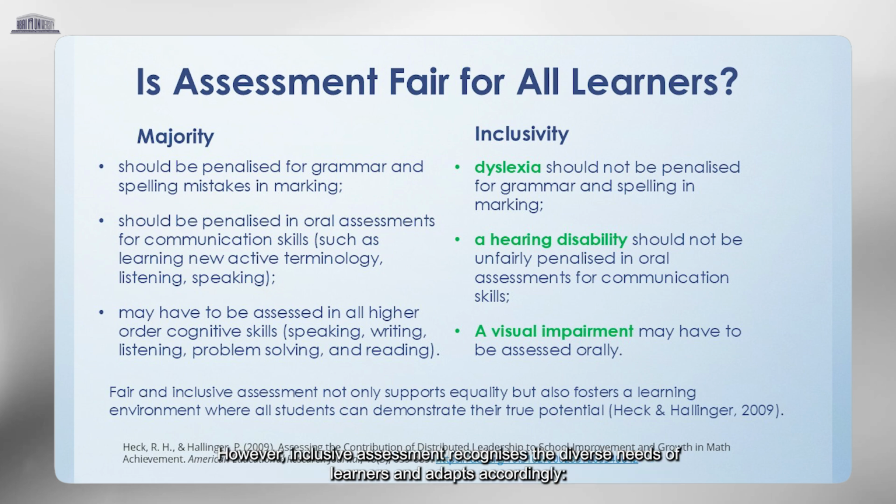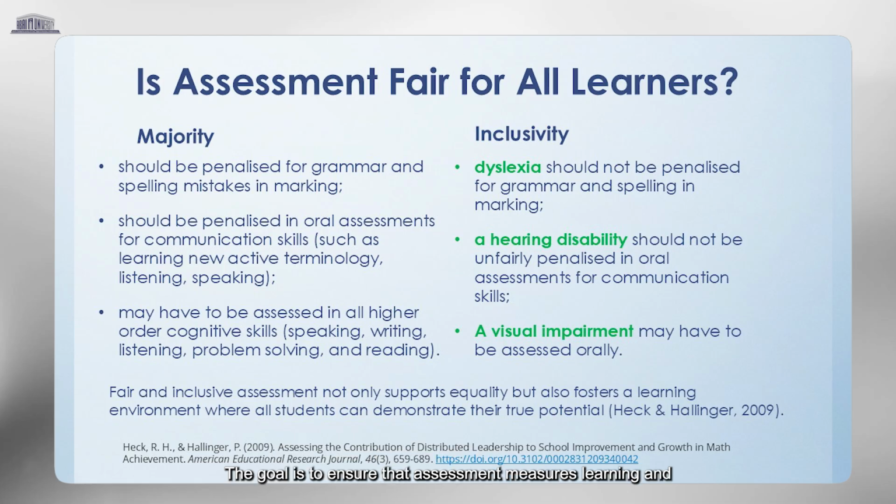However, inclusive assessment recognizes the diverse needs of learners and adapts accordingly. Students with dyslexia should not be unfairly penalized for grammar and spelling. Students with a hearing disability should not be disadvantaged in oral assessments. Students with a visual impairment may need oral assessment alternatives.